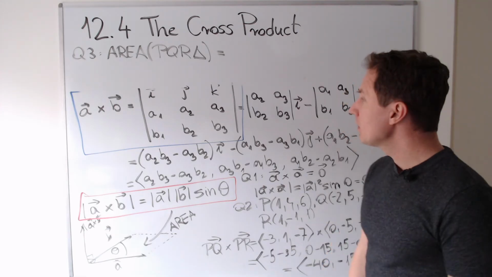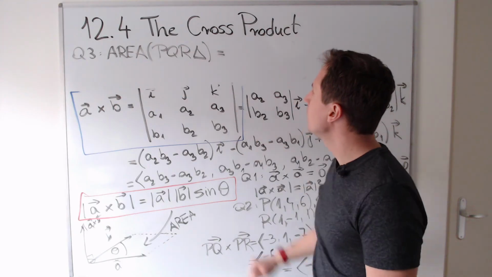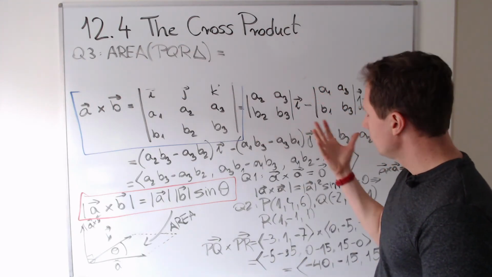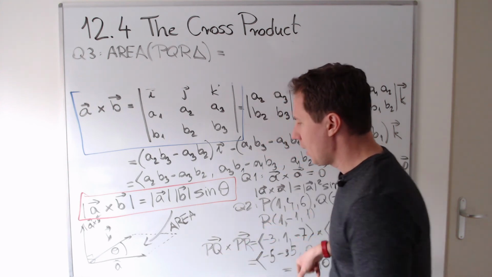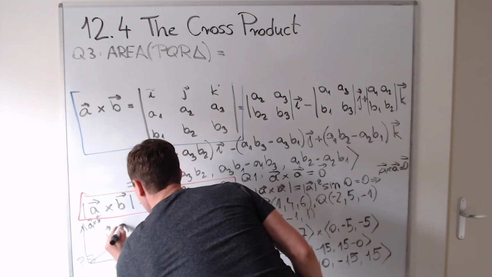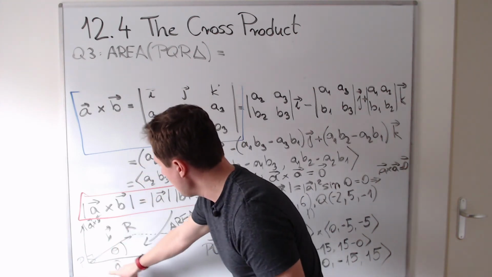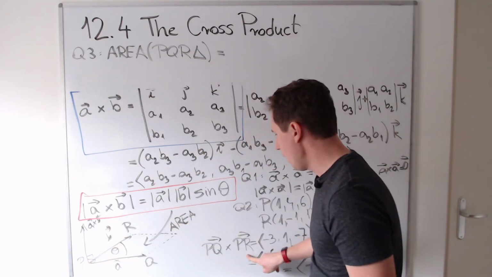Okay, I hope you paused it and realized that if you have these 3 points P, Q and R connected to form a triangle, it's like taking PQ and PR. So let's say these are P, Q and R. So this vector A is the vector PQ and the vector B would be the vector PR.